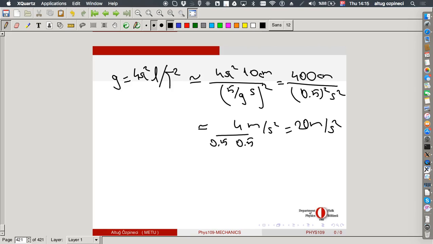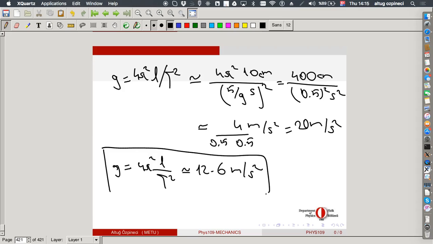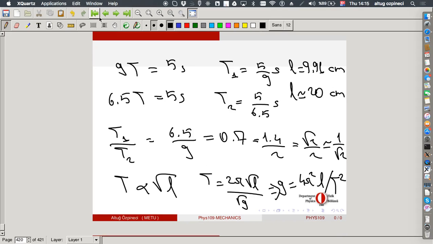And if you put the exact numbers, if your friends were saying that 15, the exact number is 12.6. Now this is much better at least. Of course, you have to add the error bars.